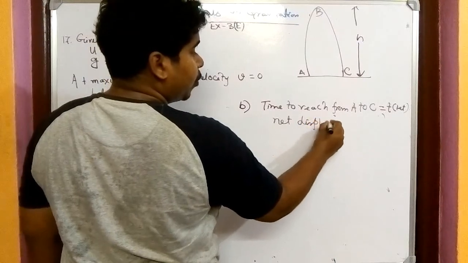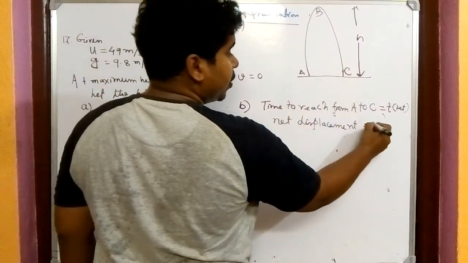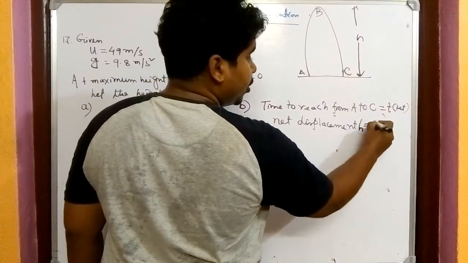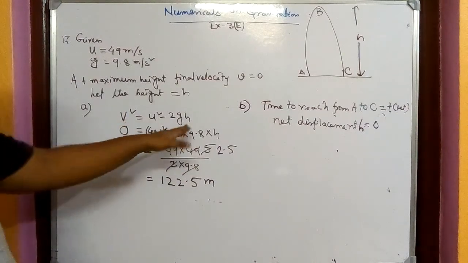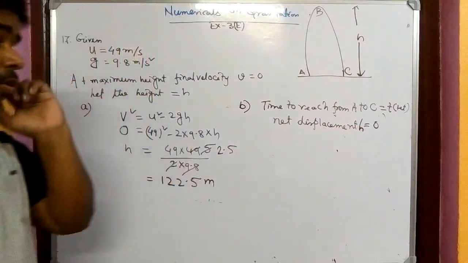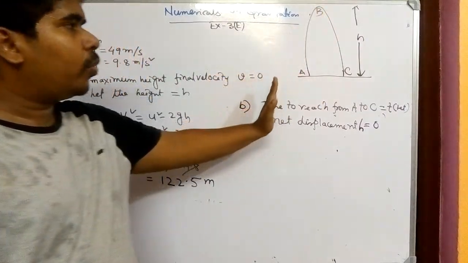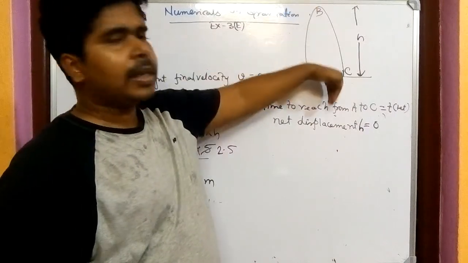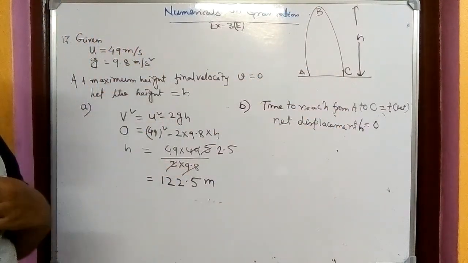You start from A and reach point C, so net displacement will be 0, h equals 0. You might be confused, sir, here we took h as 122.5, why are we taking h as 0? Here h means the height A to B, but from A to B and then C, net displacement is 0, as it reaches the ground again.